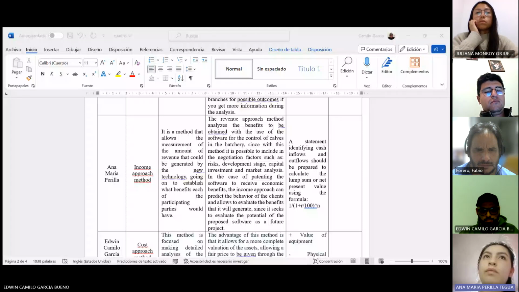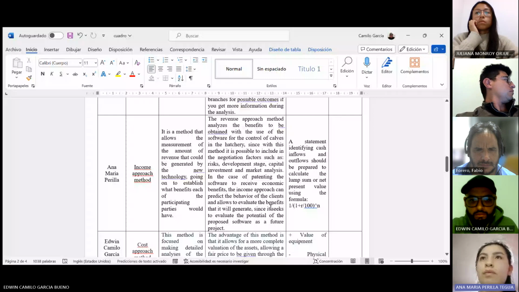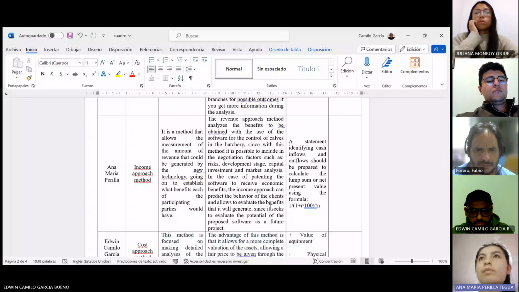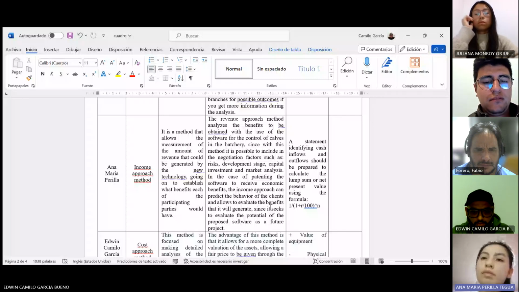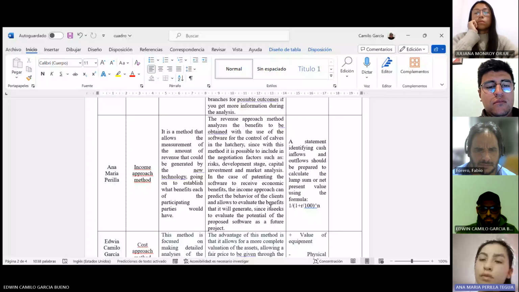In the case of the software receiving economic benefits, the income approach can predict the behavior of the clients and allows evaluating the benefits it will generate, since it seeks to evaluate the potential of the proposed software as a future project.